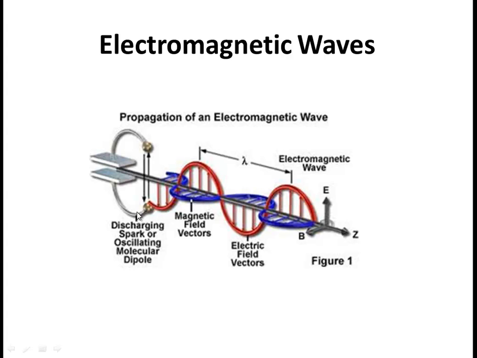Basically, it's just a charged particle that is oscillating back and forth. So whenever charge is accelerated and then decelerated, it generates an EM wave, which is really interesting. And again, it's a composite wave. It has magnetic field vectors and electric field vectors, and they're perpendicular to each other.